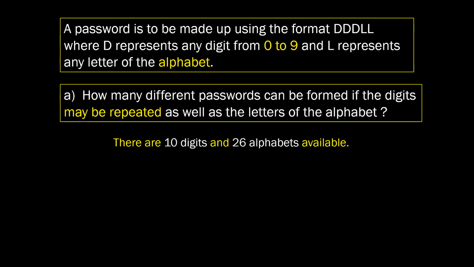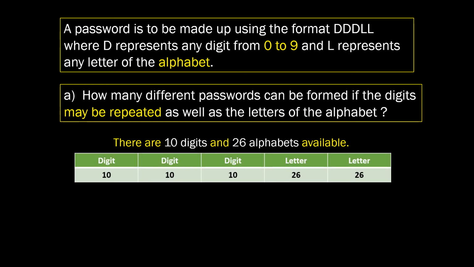We have 26 letters. We use the previous idea here also. We have 3 places for digits in the first 3 places, and the last 2 positions for letters, and the letters and digits can be repeated. So 10, 10, 10 for digits, and 26 and 26 for letters.